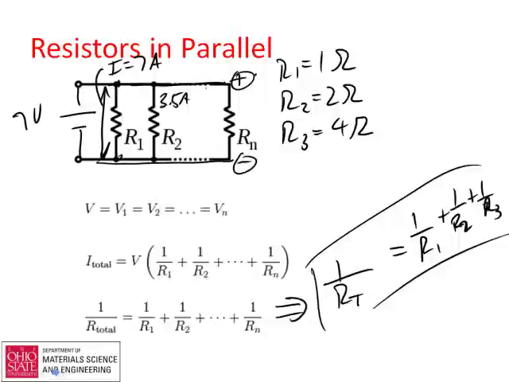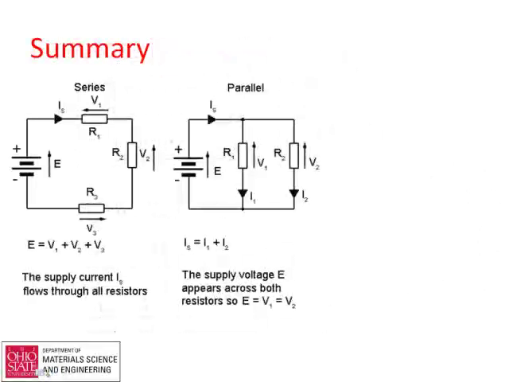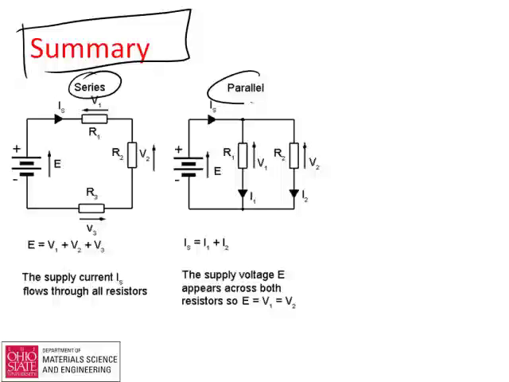Google this in Wikipedia, do parallel versus series, and it comes right up. But in summary, you can have current running through resistors in series, or you can have it running through parallel.